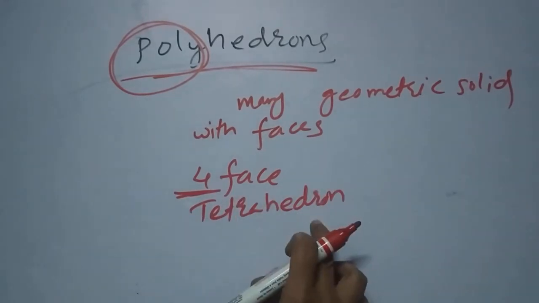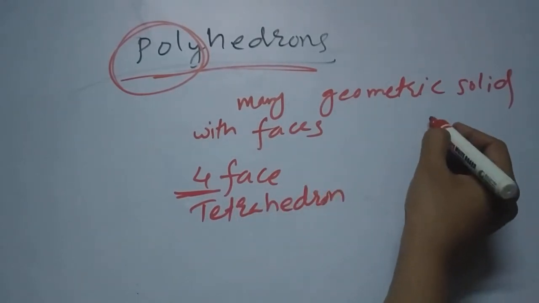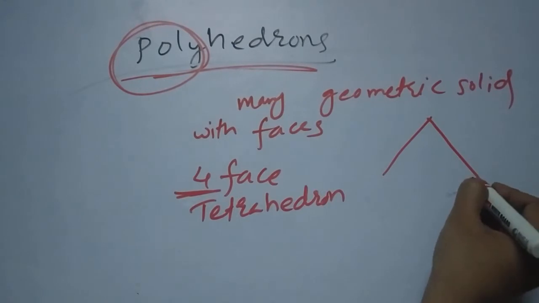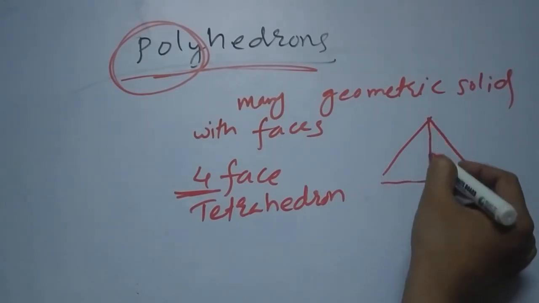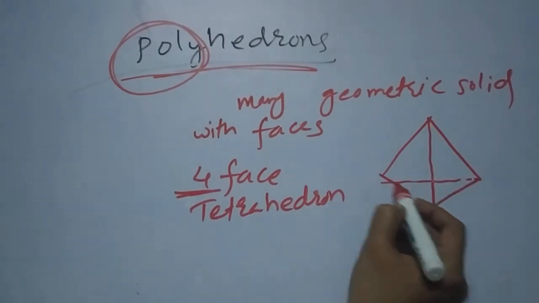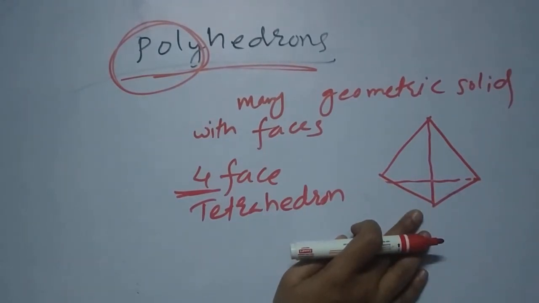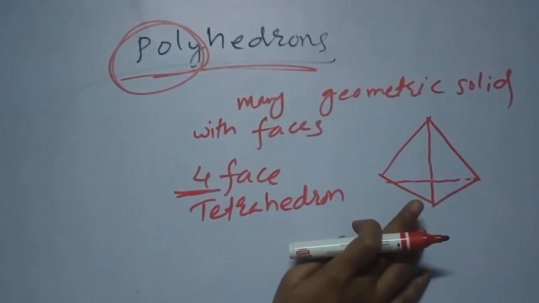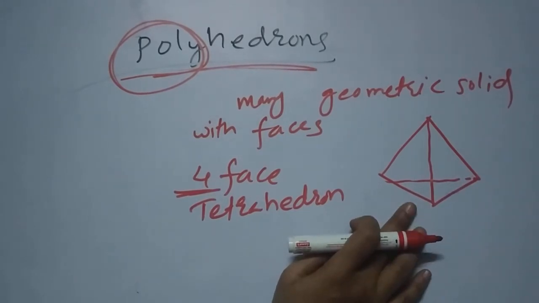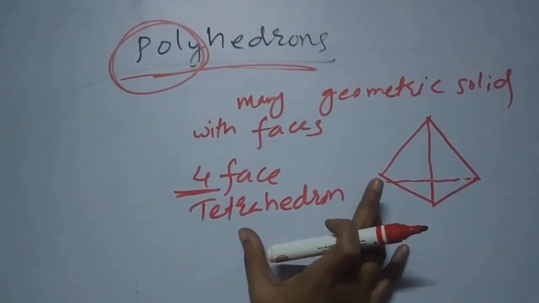It will include all 4 triangles only. Suppose you can draw it here. So this is a tetrahedron, and it is a polyhedron. Why? Because according to the number of its faces we are going to name it. Like 4 faces, you can say tetrahedron.